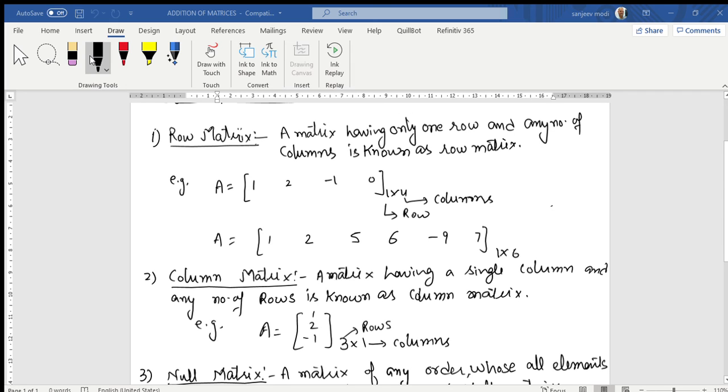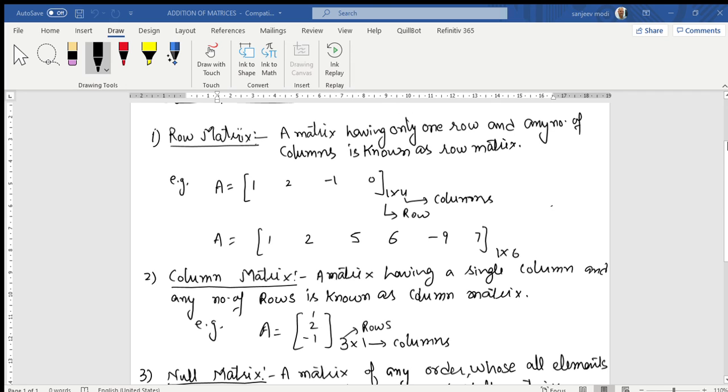A square matrix is said to be a lower triangular matrix if all its elements above the principal diagonal are zero.